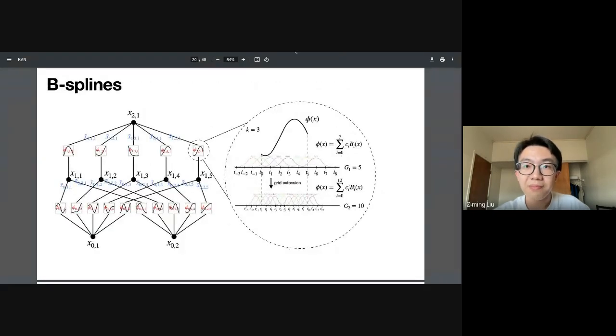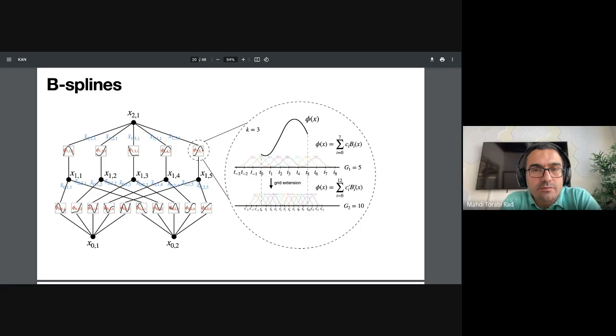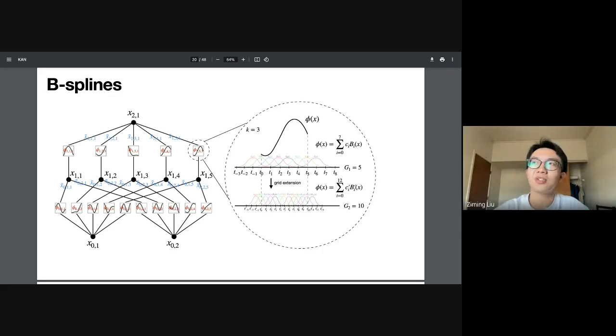Sorry, can I ask a question here? Two questions. First of all, how do you decide when to refine the grid? And second, how do you decide the position of the points in the refined grid? Great question. The first: as long as the loss does not improve much on the coarse grid, I know that it has sort of converged, and then I do the fine graining.